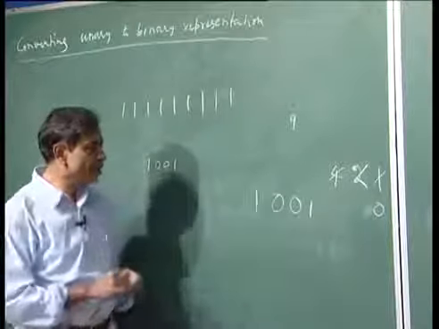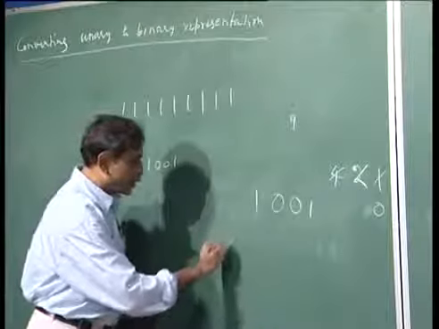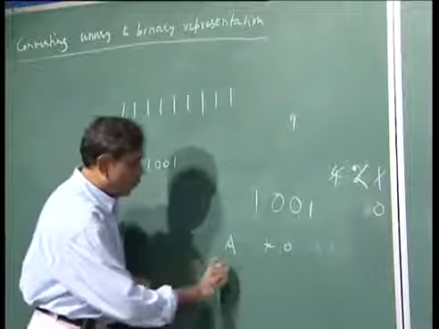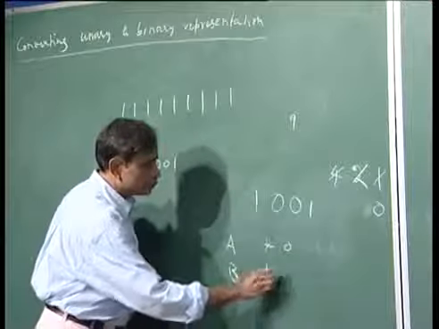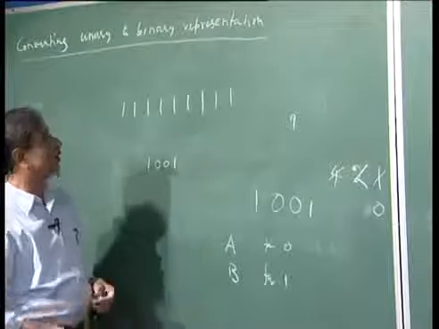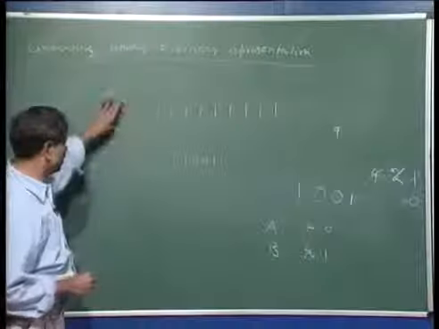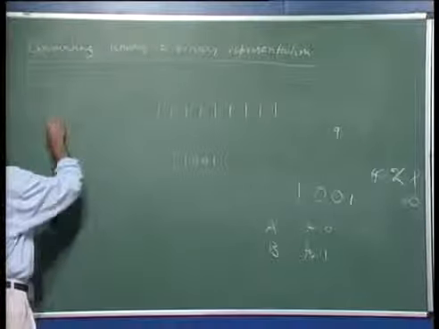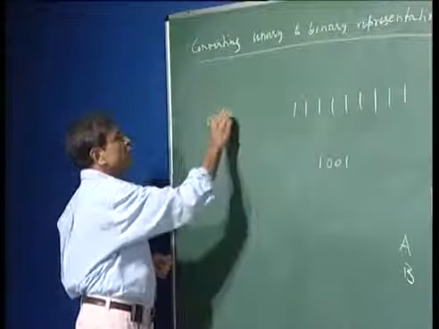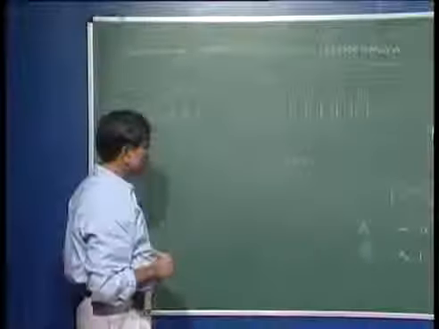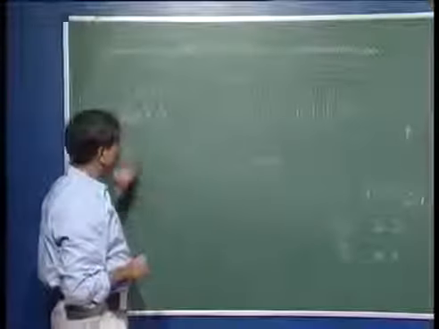So, let us say we will use A for 0 and B for 1, B to represent 1 in the binary representation. So, in that case what do we get corresponding to this? We should get B A B.